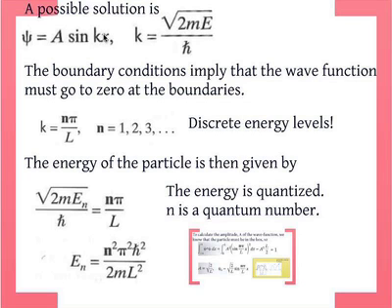That's already 0. That's how you pick sine versus cosine. Now sine kx has to be also 0 when x equals L. That's the other boundary condition.